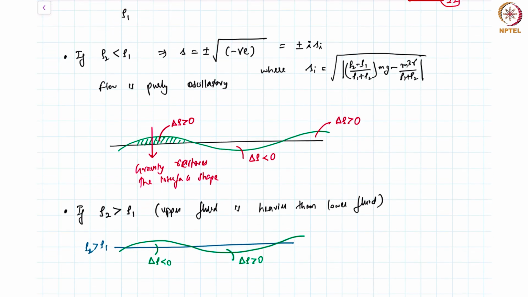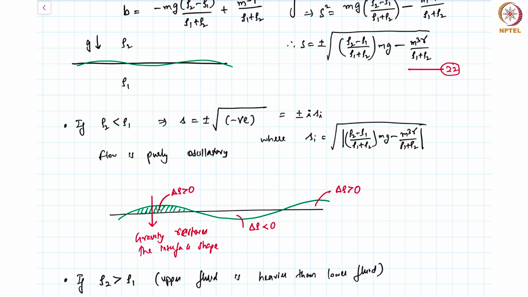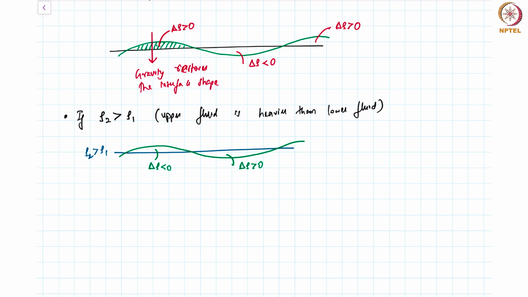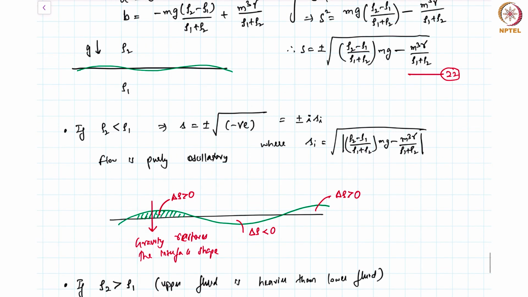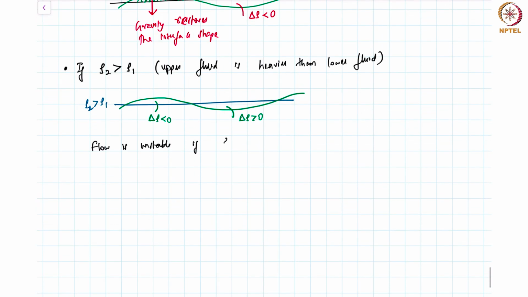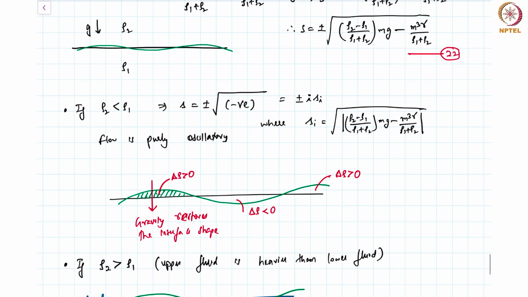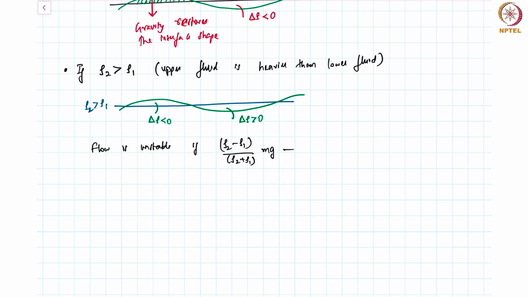So if you say that rho 2 is greater than rho 1, if you look at equation 22 that we have, this would essentially mean the flow is unstable if the quantity under the square root in 22 is positive, which is (rho 2 minus rho 1) divided by (rho 2 plus rho 1) times g times m, minus m cubed gamma by (rho 2 plus rho 1), is greater than 0.